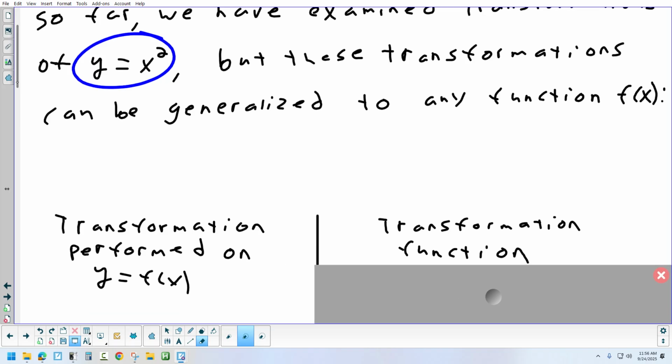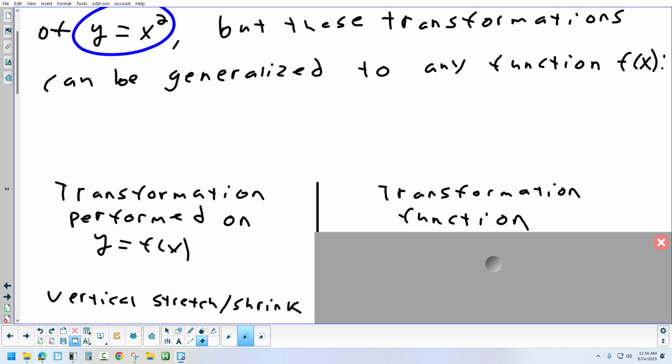I've got to scroll down a little bit more. Okay, vertical stretch and shrink, or compression. What letter was that yesterday when we talked about parabolas? The vertical stretch or compression was A. And where was A? At the beginning. And what operation did we do with A? Did we add, subtract, multiply, or divide? Multiply. Exactly.